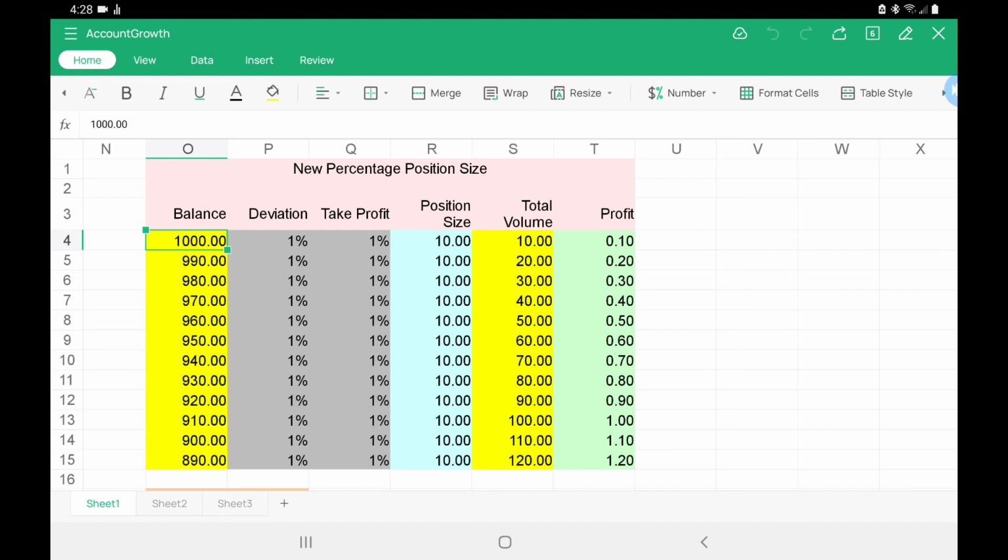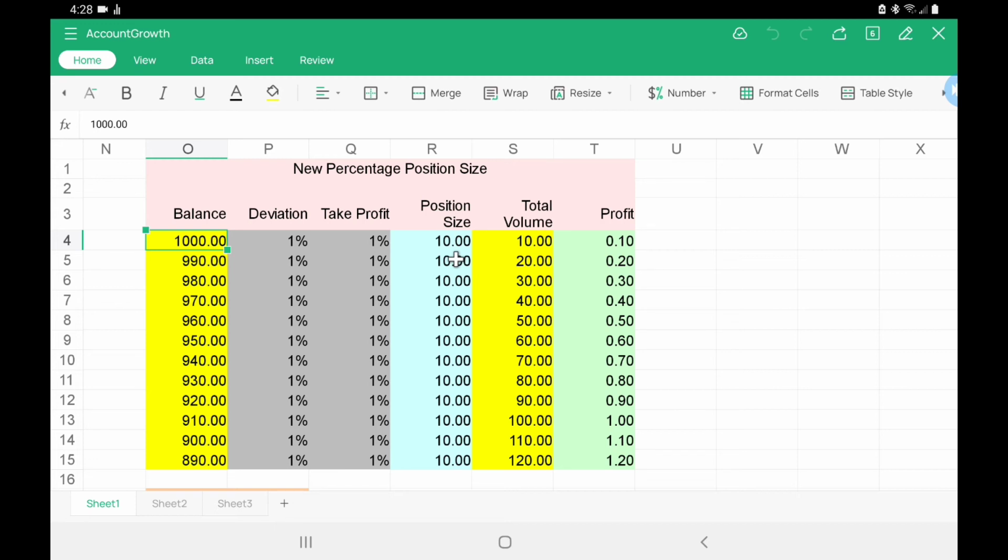So this approach is now what is used for maintaining Jackrabbit's new percentage-based systems. Every single accumulation within a trade cycle will be fixed at a very specific position size, appropriate to the accumulation itself.